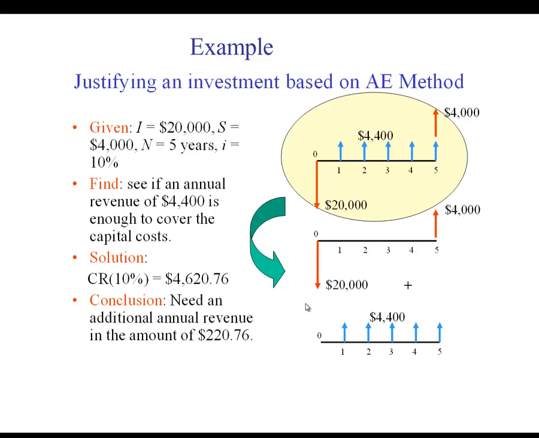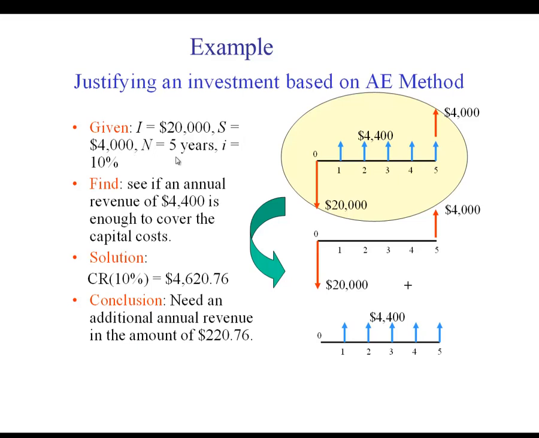The example in this slide justifies an investment based on annual equivalent analysis. It was given that the initial cost is $20,000, which is what we initially paid for the machine or car, and the salvage value is $4,000.